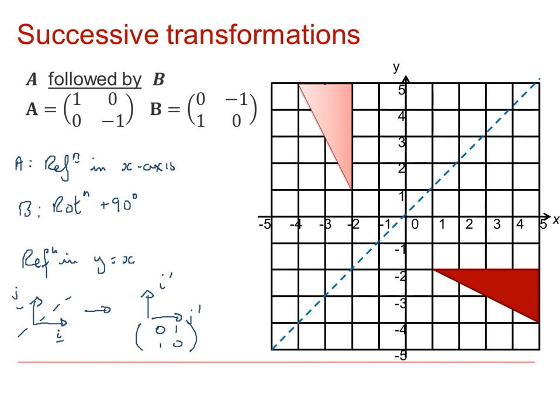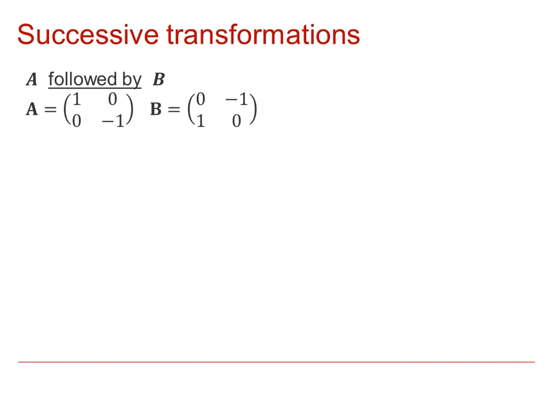Now an alternative to doing it with a diagram such as that is simply to consider the effect on the unit vectors i and j. So starting off with i and j like this, we can see that A will do that reflection in the x-axis.